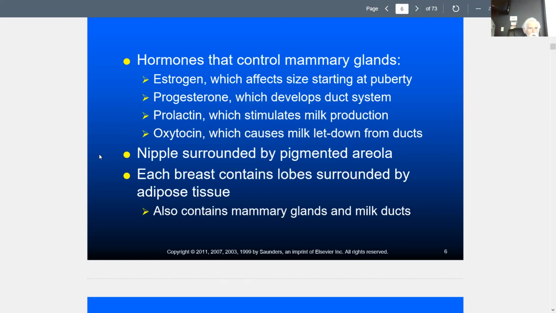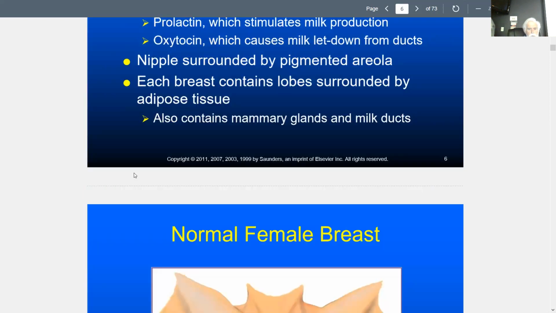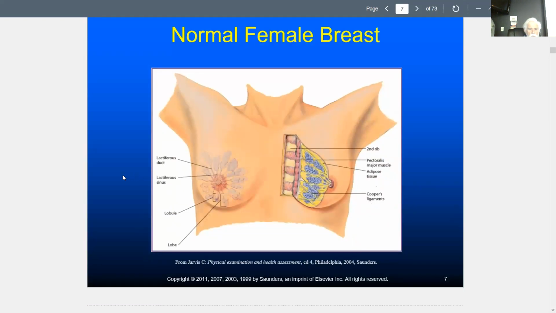We always encourage breastfeeding where possible, but several hormones control production of the milk and the letdown reaction that occurs when a baby starts to suckle. So, a graphic here of the breast: we have these ducts, the lactiferous ducts, and storage areas.